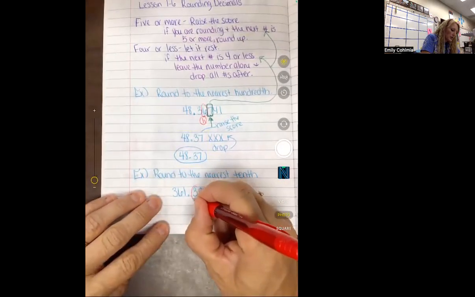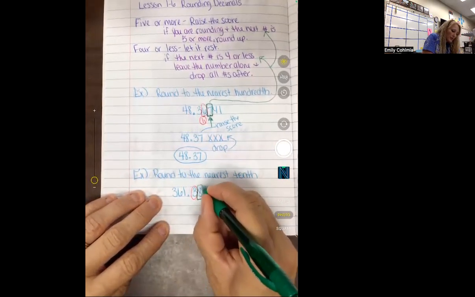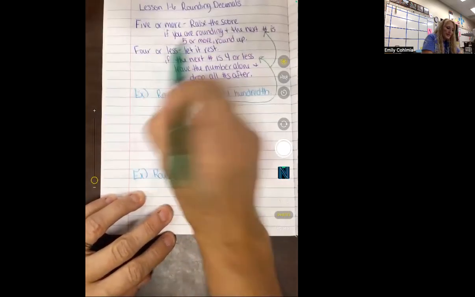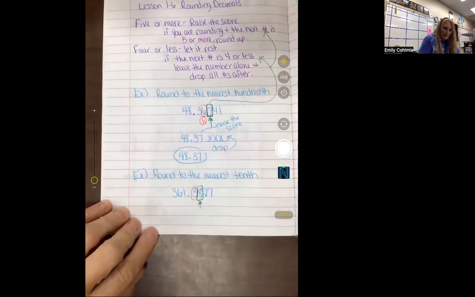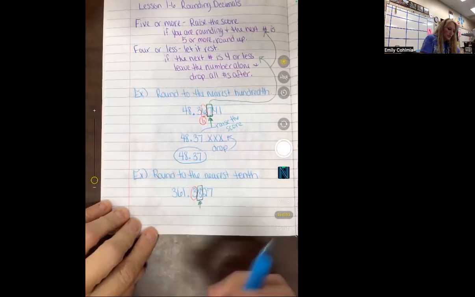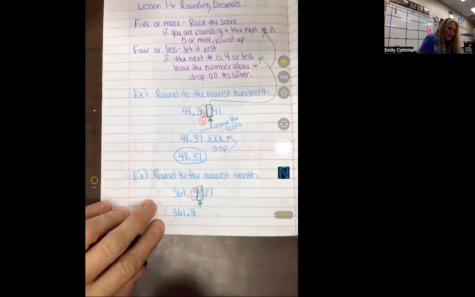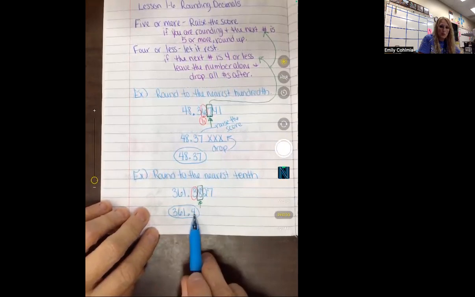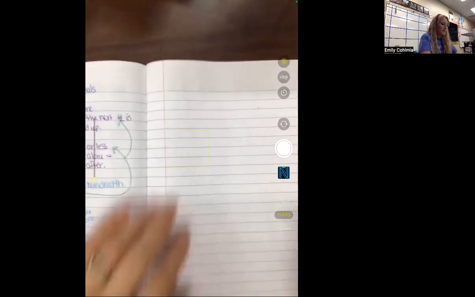So the tenth place is what we are rounding to, but we need to look at the one directly after it, right? Is it 5 or more, raise the score, 4 or less, let it rest? Well, it's 5 or more. So we know that we're going to raise the score on the 3. So we are going to change the 3 to a 4, 361.4, and we're going to drop everything else behind it. And that is rounded to the nearest tenth. And you always know that it's rounded to the tenth because the tenth place is what's going to be left over. So let's look at some 4 or less, let it rest.